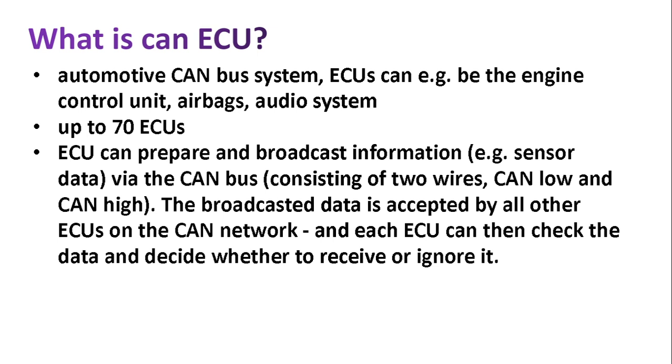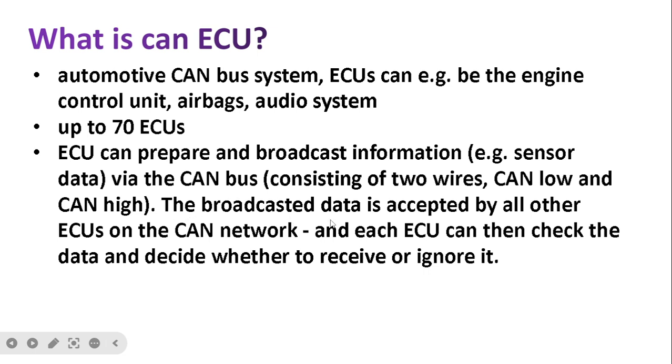Just assume the 70 sub features you are using in the car, so how many wires will be required for each feature? Just for the engine control unit you are using two wires, for airbag you are using two different wires, for the audio system you are using two different wires, directly connected to the ECU, right? So what they did, they are not using large wiring, they are using only a single cable, using two wires, CAN low and CAN high, right?